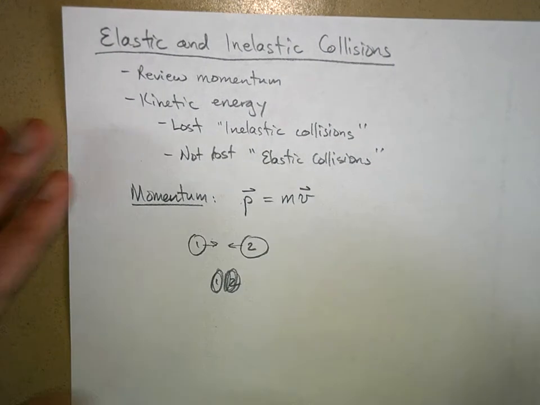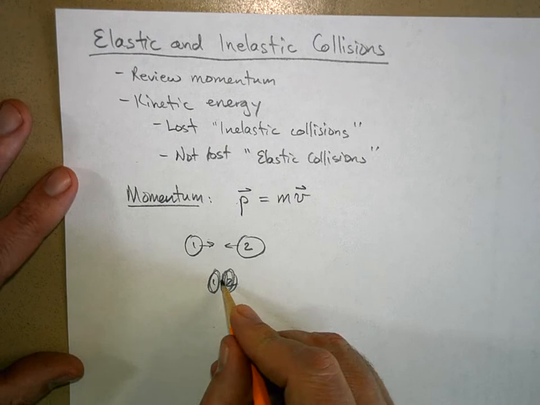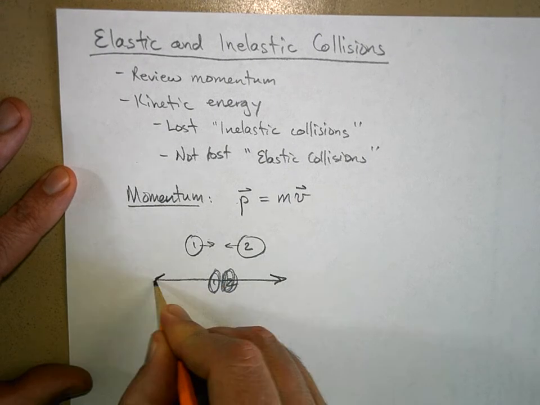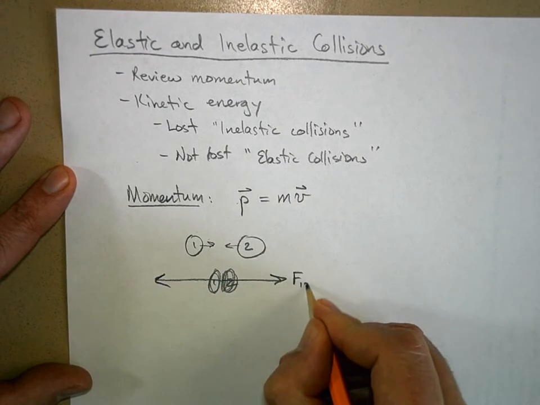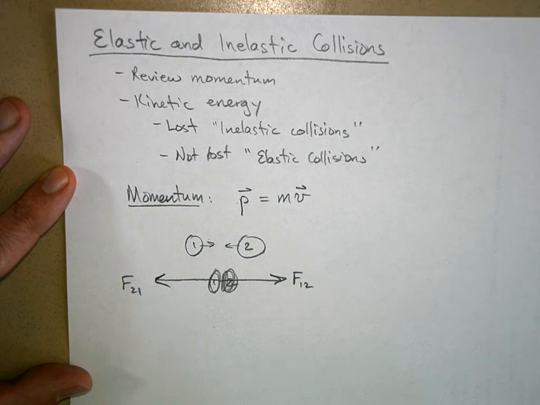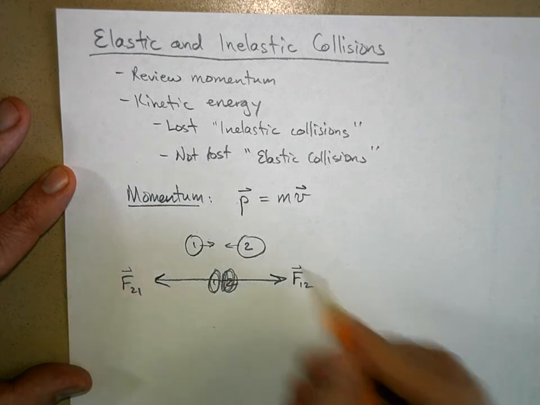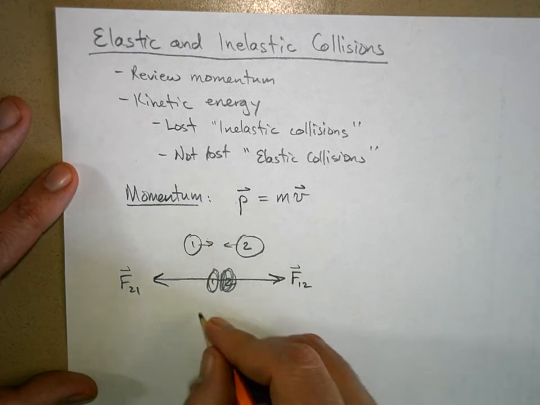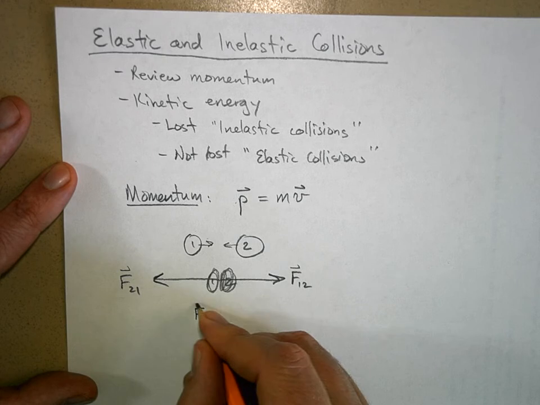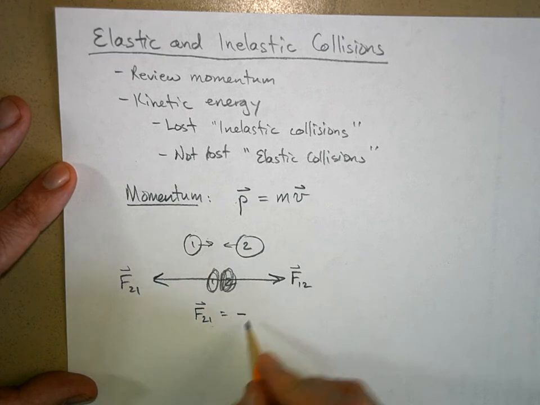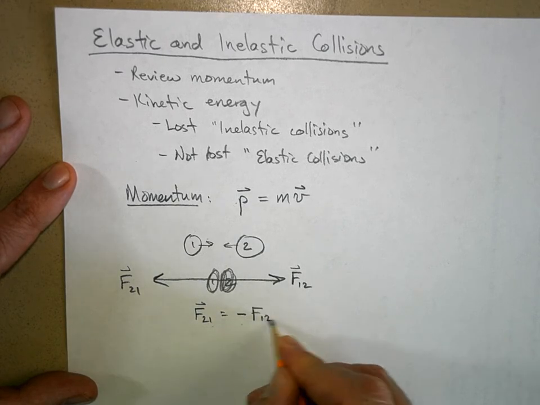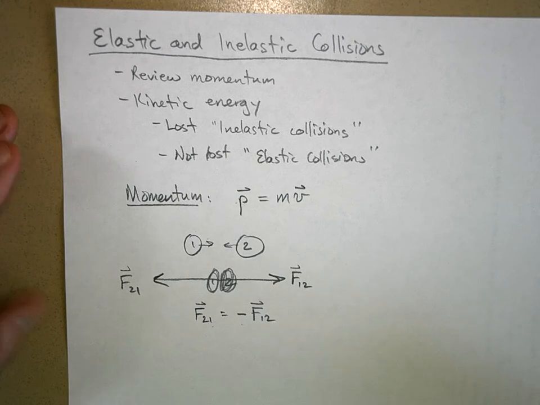And object 1 and object 2 apply equal and opposite forces to each other. So here's the force of 1 on 2. Here's the force of 2 on 1. And of course, the force of 2 on 1 is equal but in the opposite direction to the force of 1 on 2.